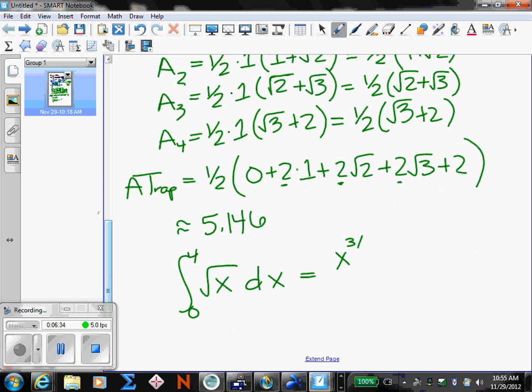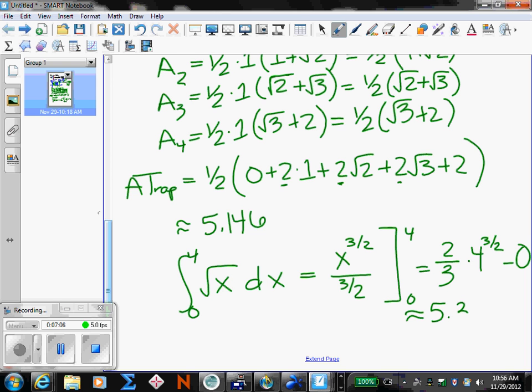So if I integrate, it looks like this. And if I plug that value into my calculator, I get 5.333.